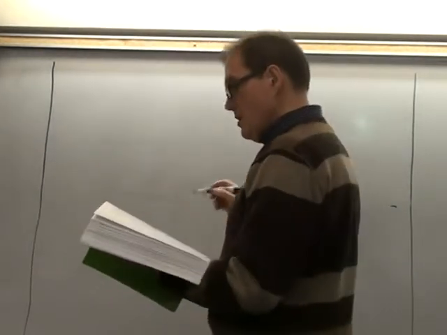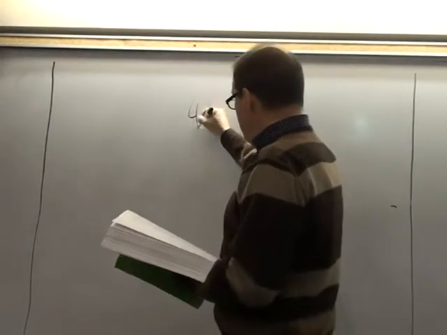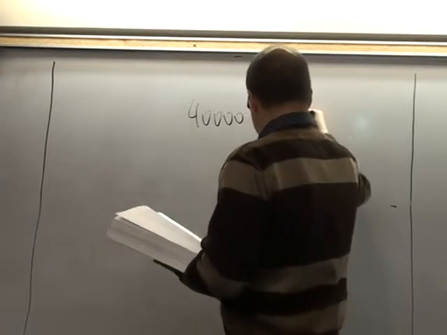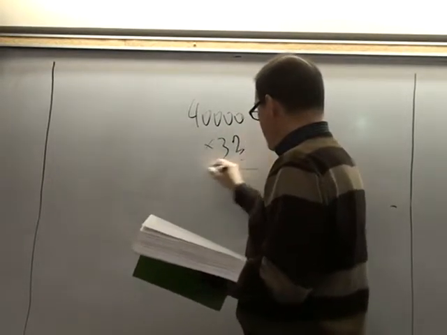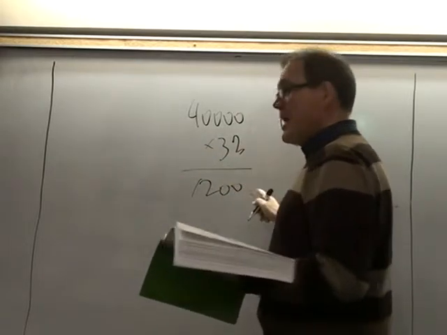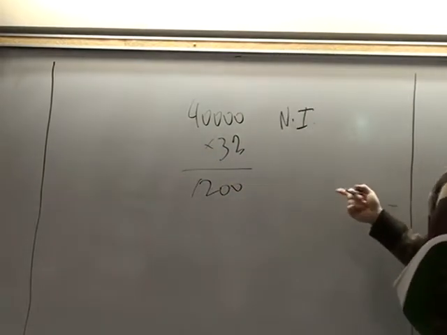So for example, just like it says in the book here, if I've got net income of 40,000 times 3%, I can only claim medical higher than $1,200.